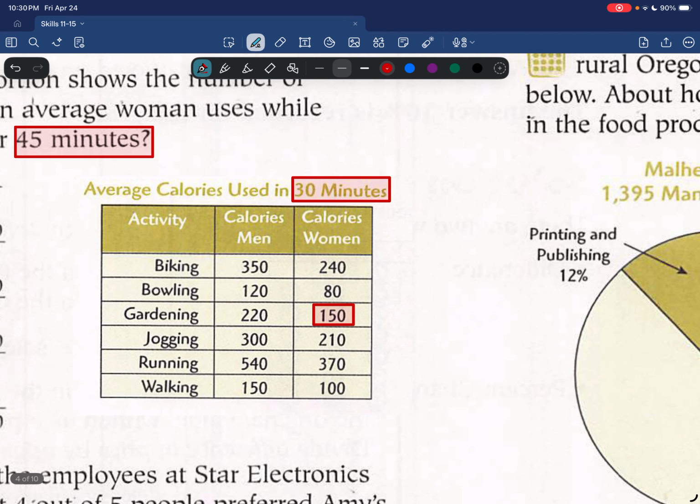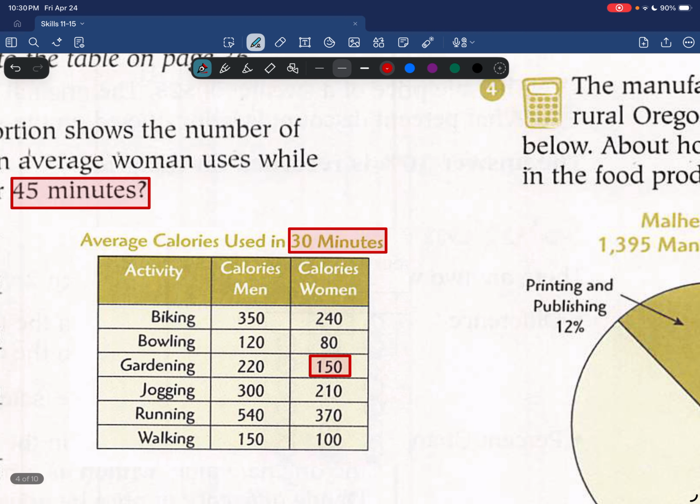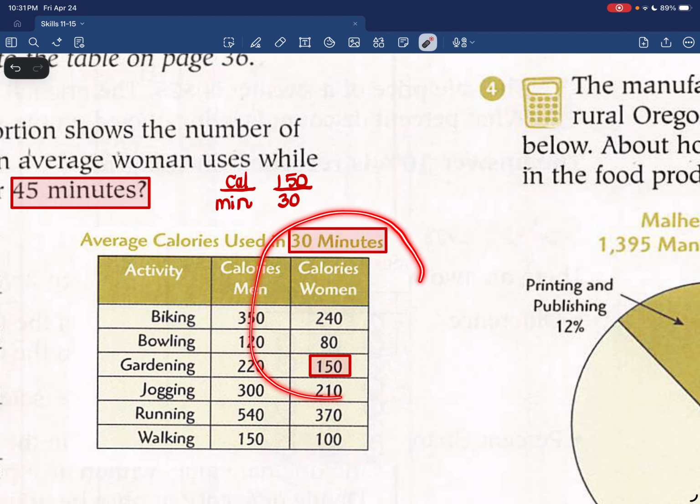And I'm not going to look at that. I'm just going to set it up the way that I would. Calories over minutes. You could do minutes over calories. It doesn't matter. And we know that the average woman would use 150 calories for 30 minutes. That is this information.